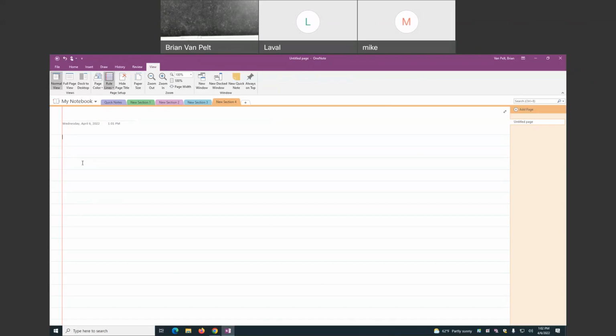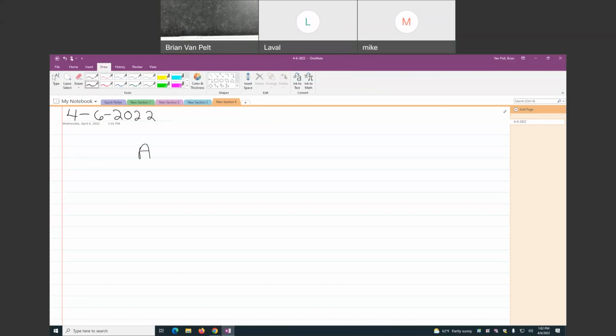Let's see, this is page 6. Standard form looks something like this.